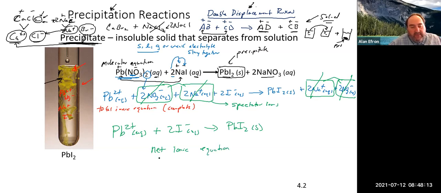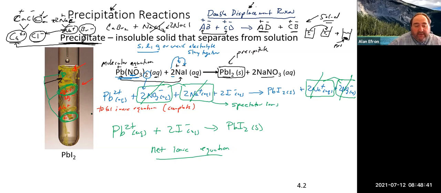The net ionic equation tells you when you pour those together, the lead-2 nitrate and the sodium iodide, what is really happening is those lead ions are going to find the iodide ions, and those come together, and that is what makes the yellow solid here.